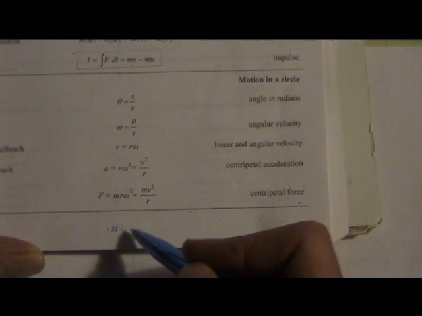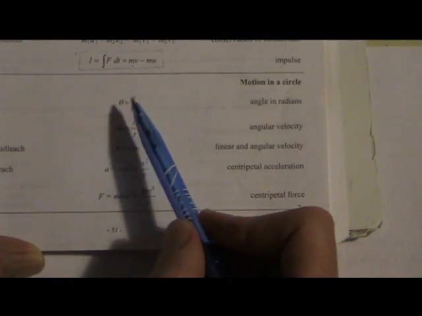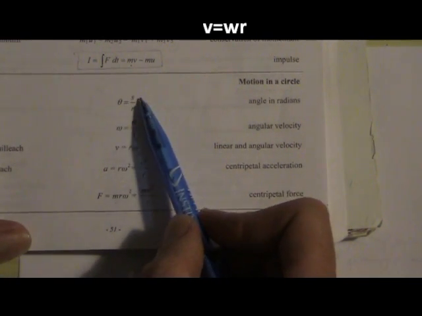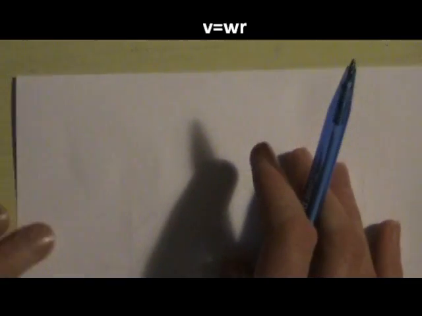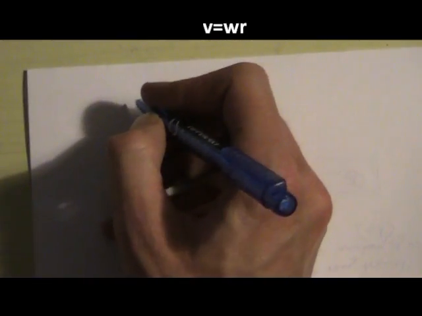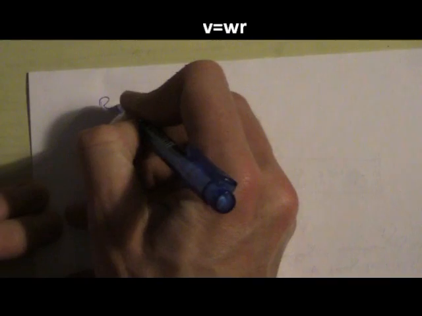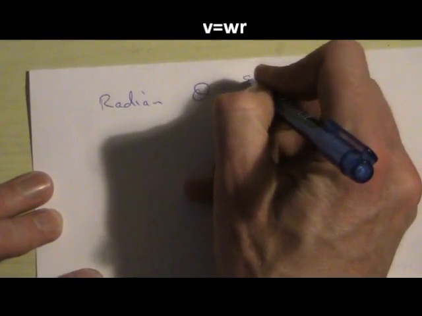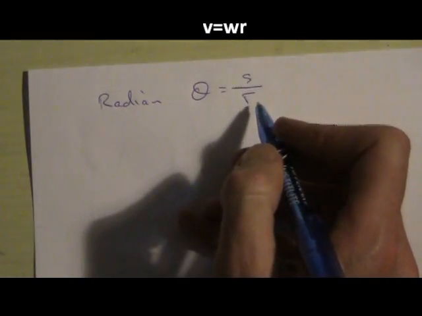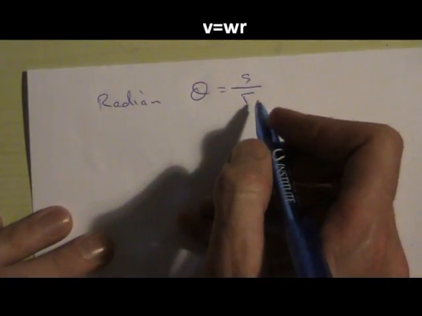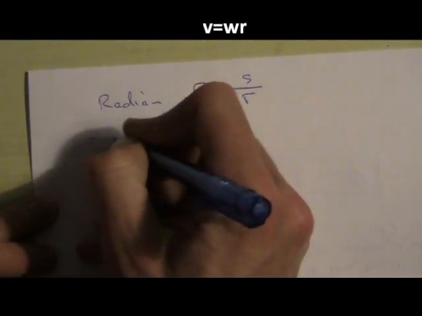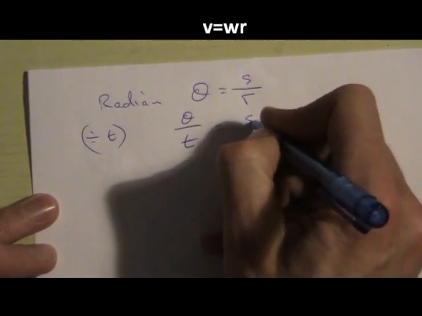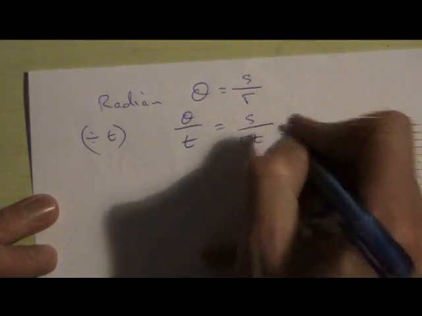Formula tables, page 51, definition of the radian. The radian is the arc divided by the radius. Theta equals s over r. So the radian, theta, is equal to the arc s, the length of the arc rather, divided by the radius. Divide both sides by t, so you have theta divided by t is equal to s over r times t.